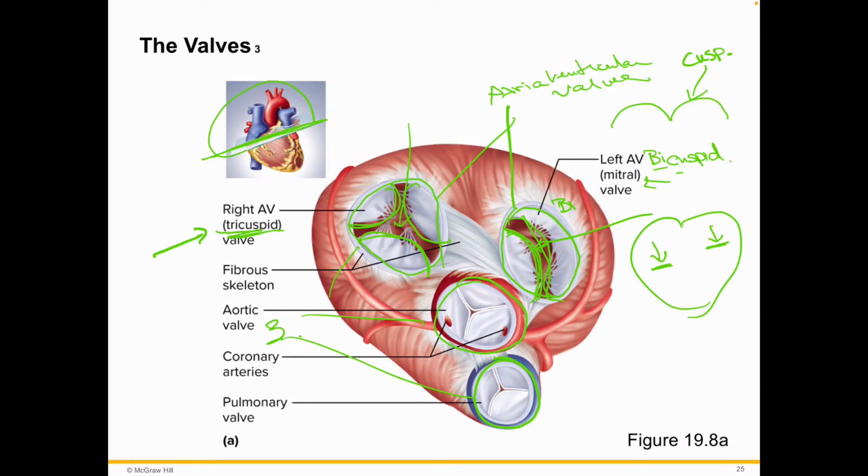These valves here are a little bit different. As you can see, they don't have strings. These are exclusively pressure based. These are the ones going out into either the systemic circuit, there it is, or the pulmonary circuit.